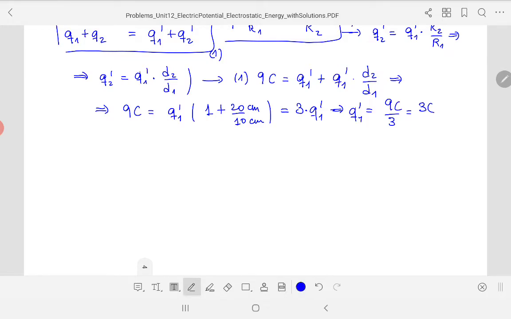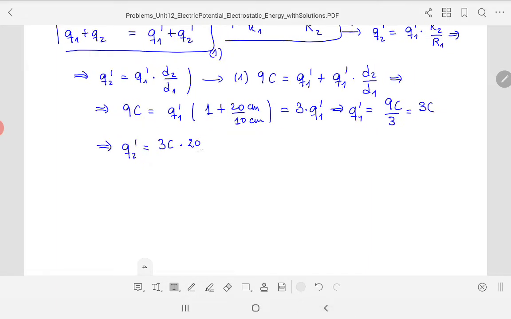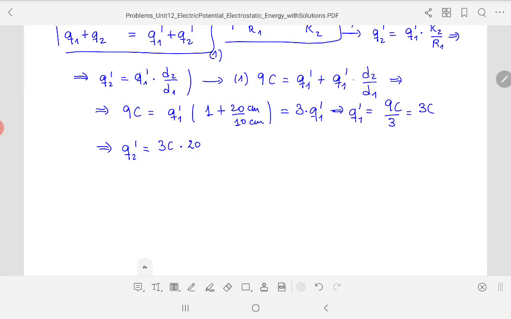If Q1 prime is 3 coulombs, then Q2 prime has to be 3 coulombs times 20 centimeters divided by 10 centimeters, which is 6 coulombs. And again, Q1 prime plus Q2 prime is 9 coulombs.